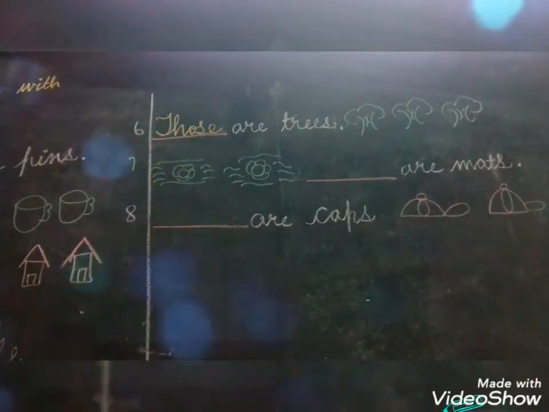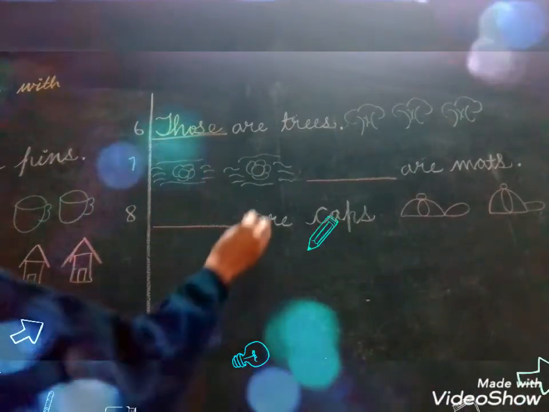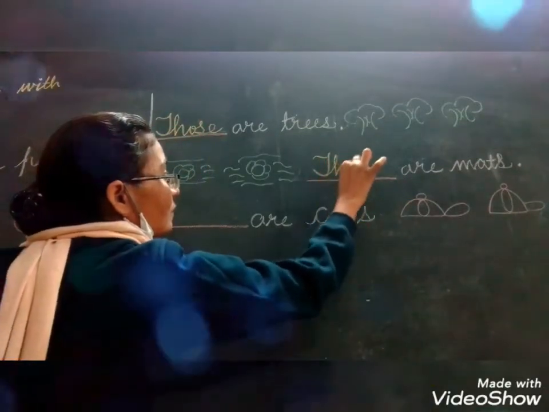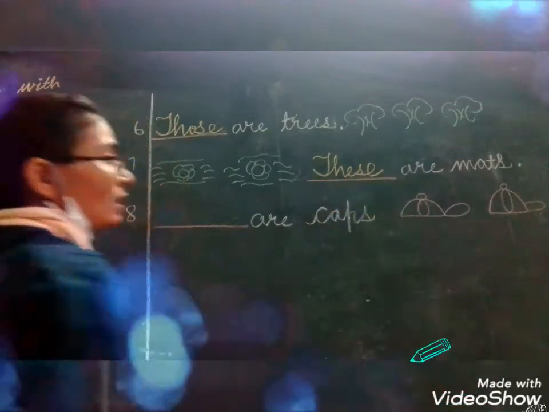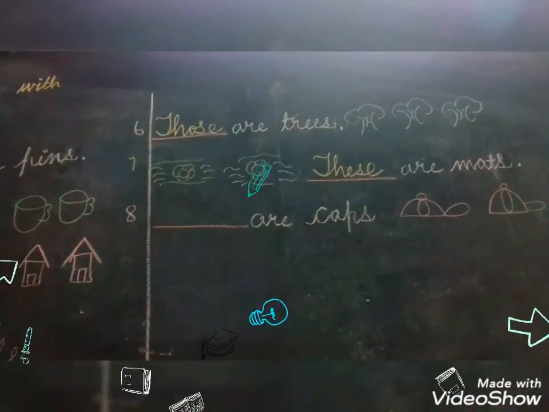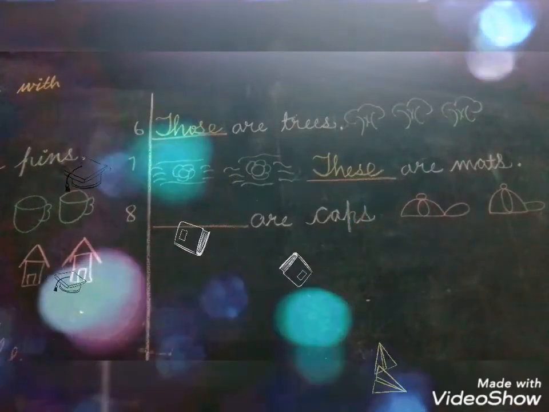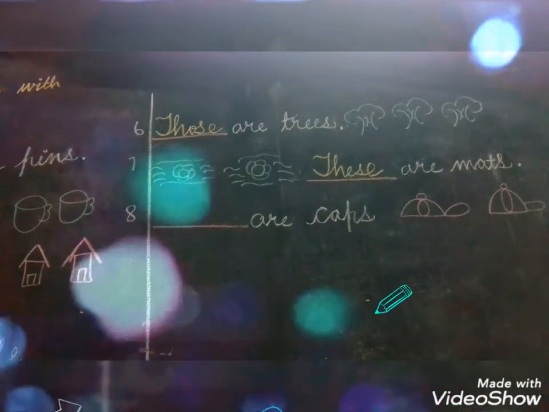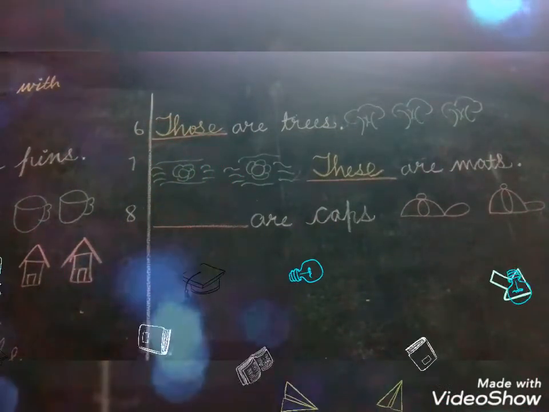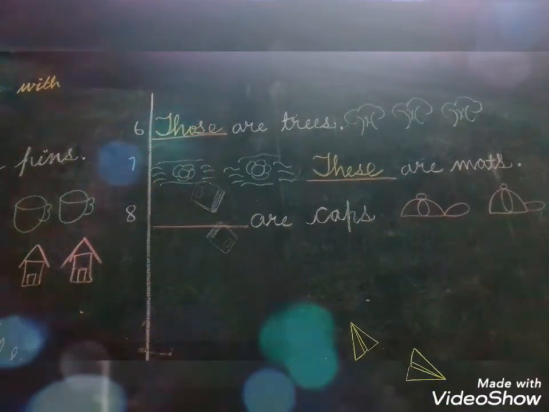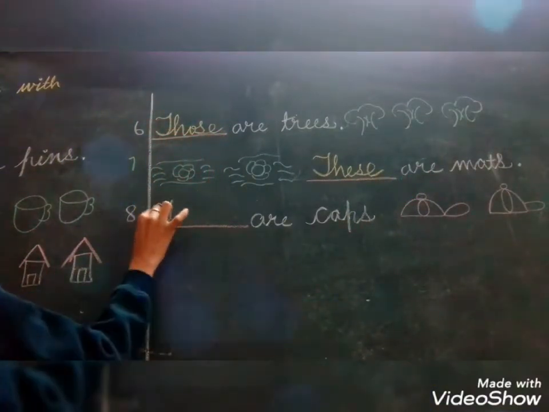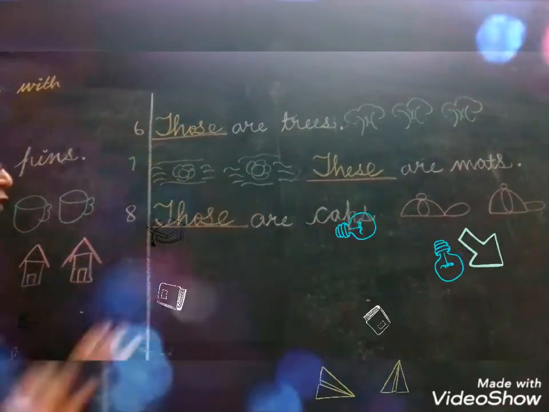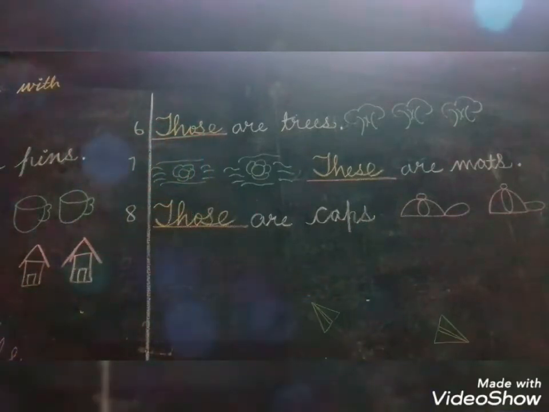Mats are close, so these are mats. Then the last one: blank are caps. Many caps are there, but they are far. So what will be the spelling here? Those are caps. T-H-O-S-E. Those are caps.